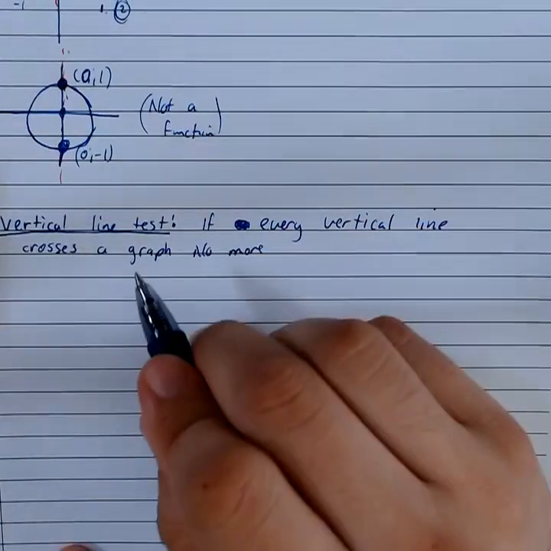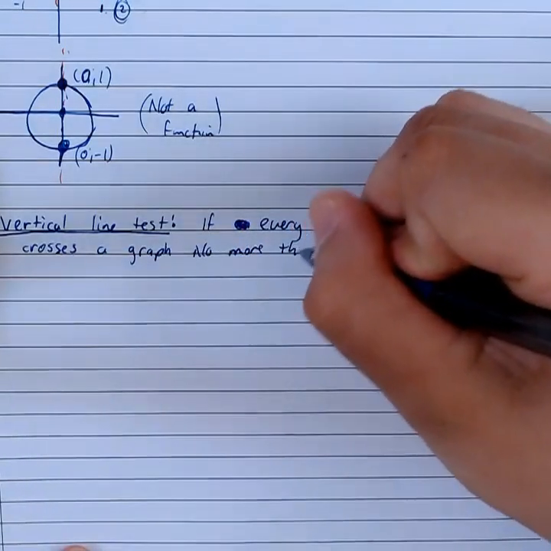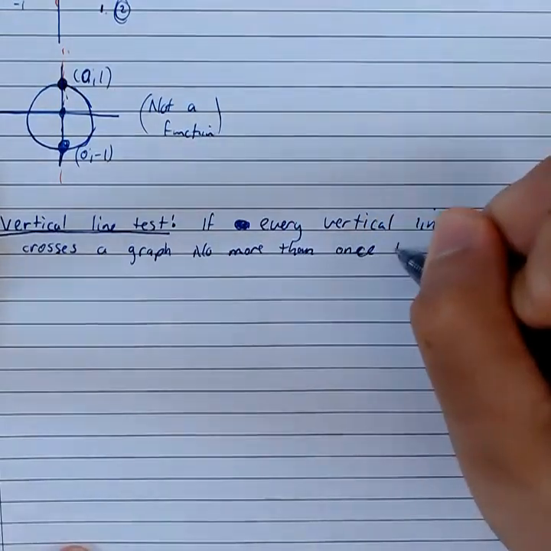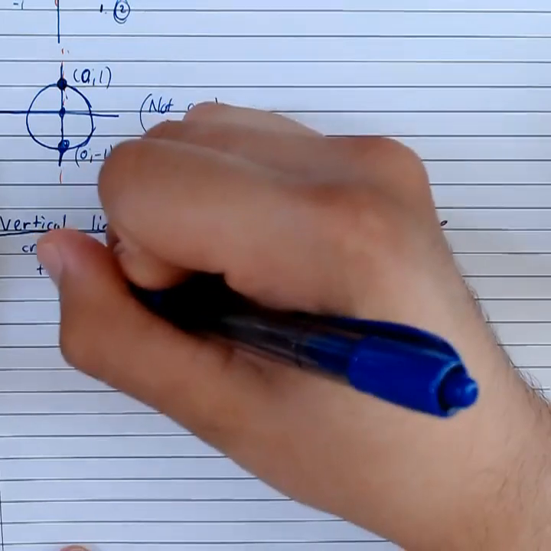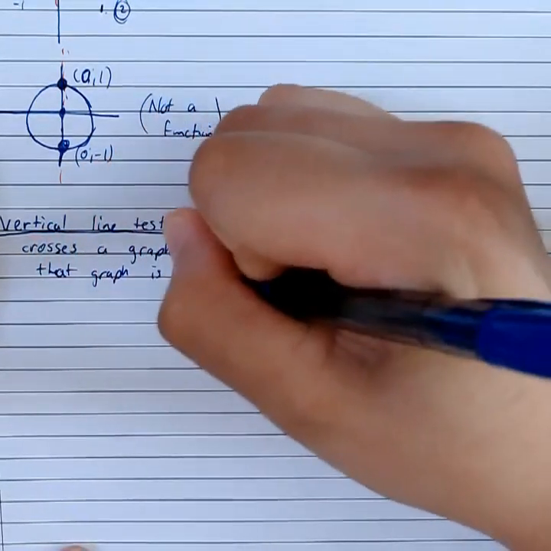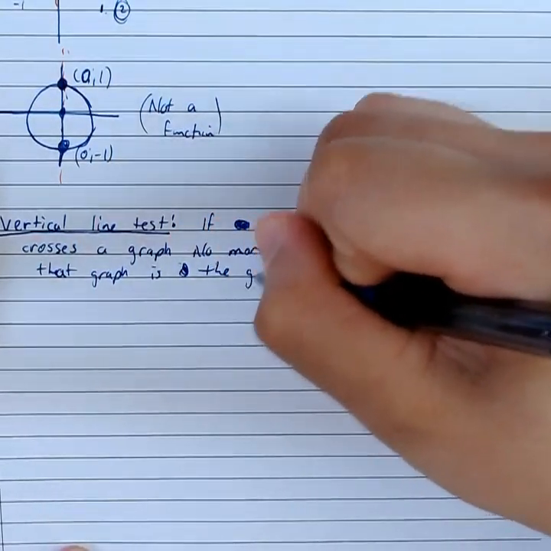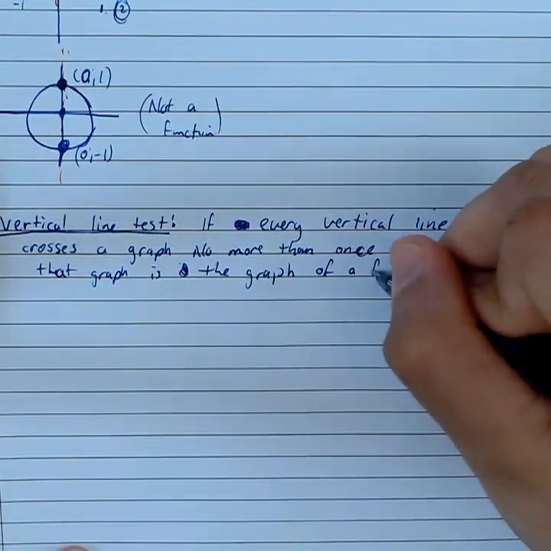If every vertical line crosses a graph no more than once, then that graph is the graph of a function.